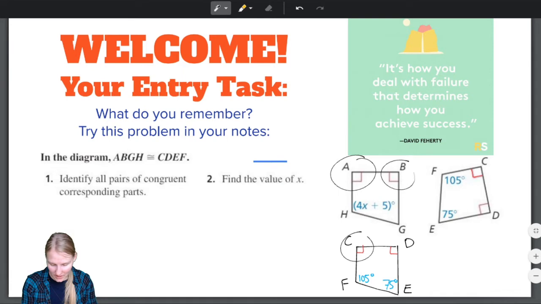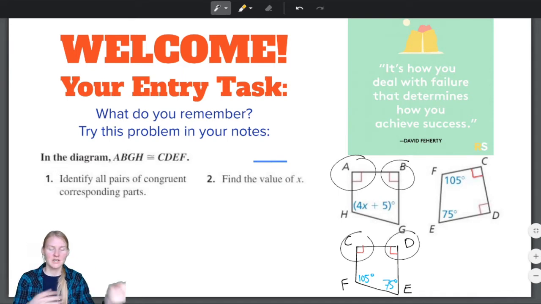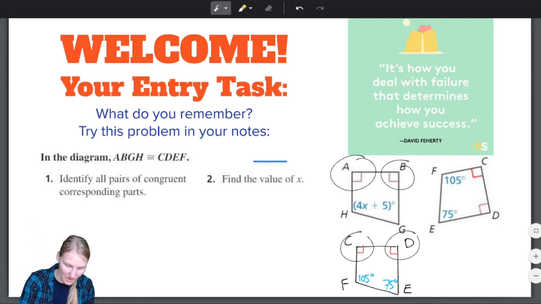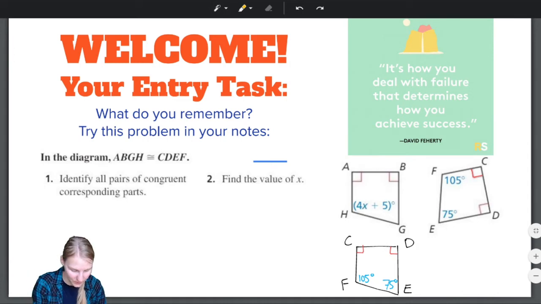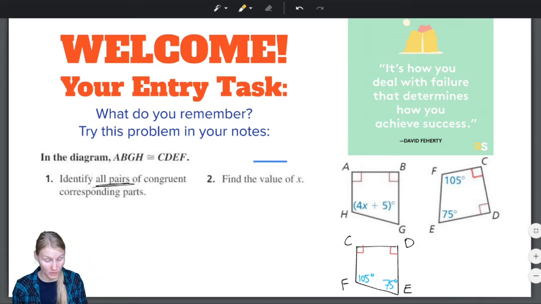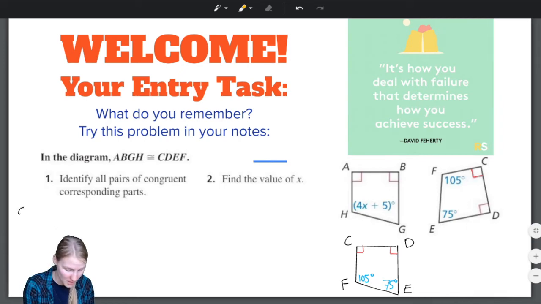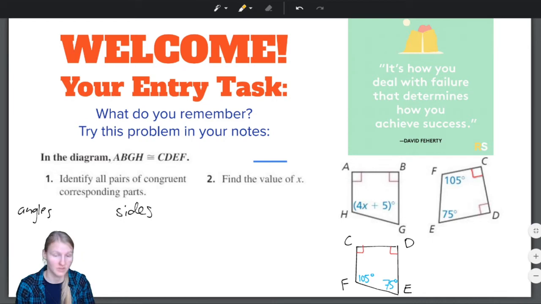A goes with C, B goes with D, etc., etc. Now I see. So, remember that when we identify all pairs of corresponding parts, we're going to have angles and we're going to have sides.